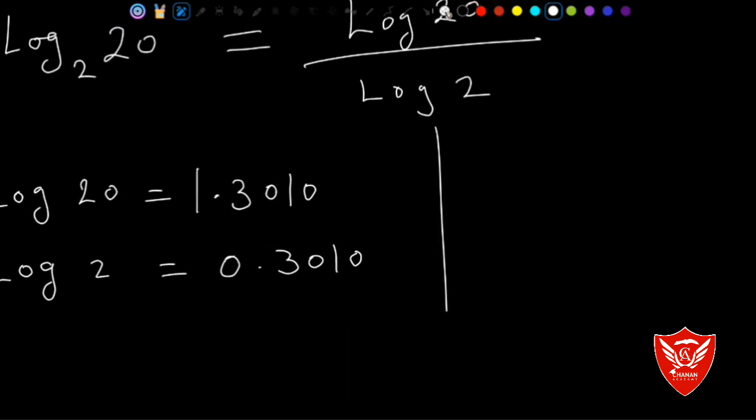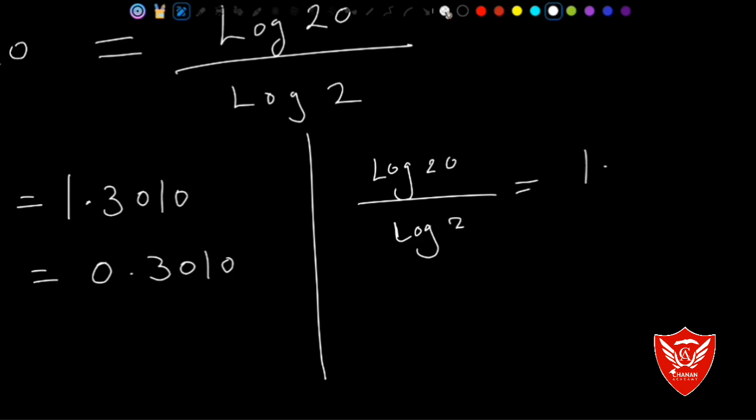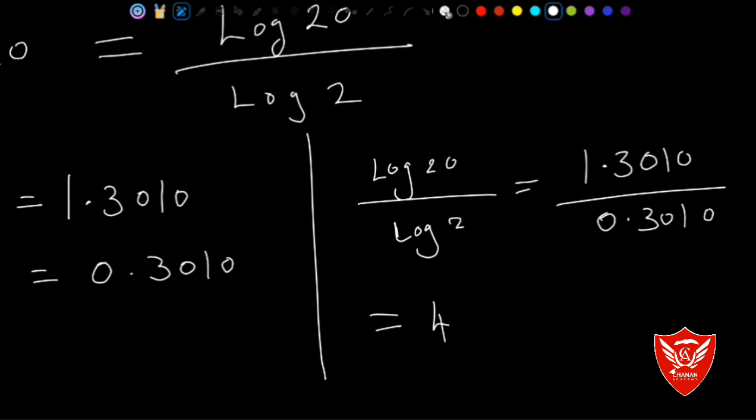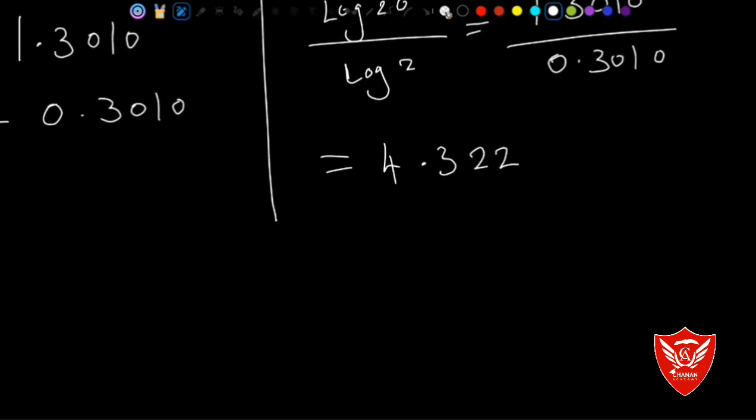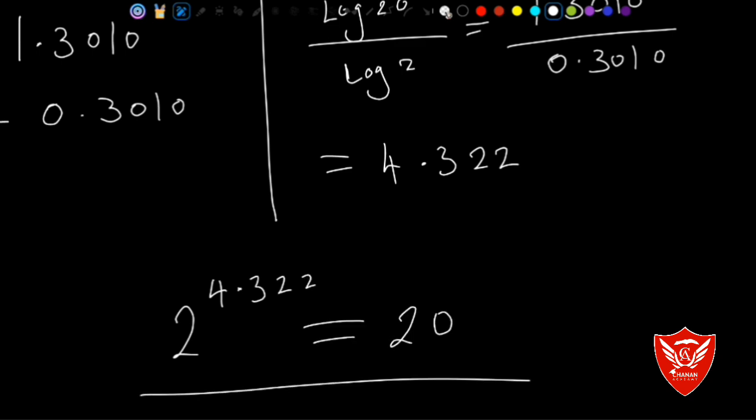Therefore, log 20 over log 2 is equal to 1.3010 over 0.3010, which, when you divide this, gives us 4.322. Alright, so let's see if that's actually correct. 2 raised to the power of 4.322 gives the answer 20. So this is where the change of base is applicable.